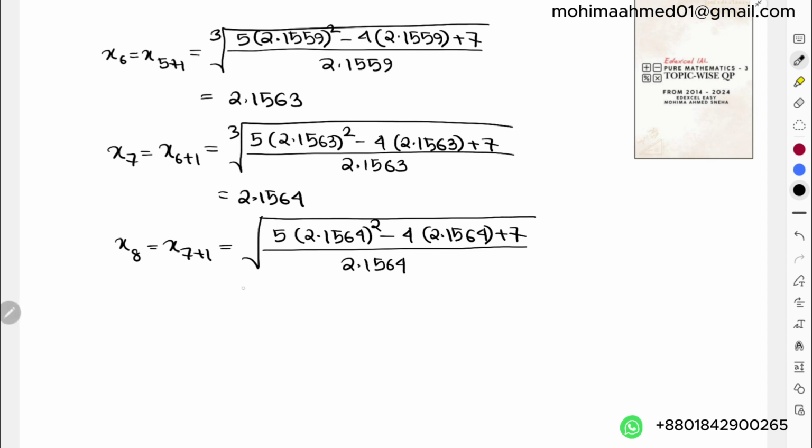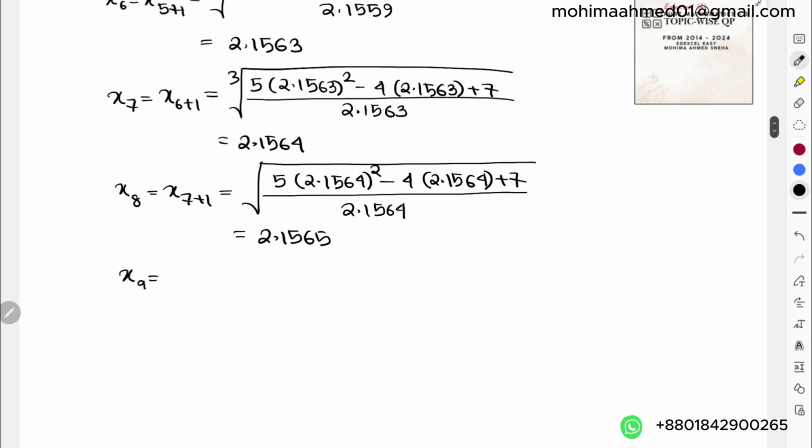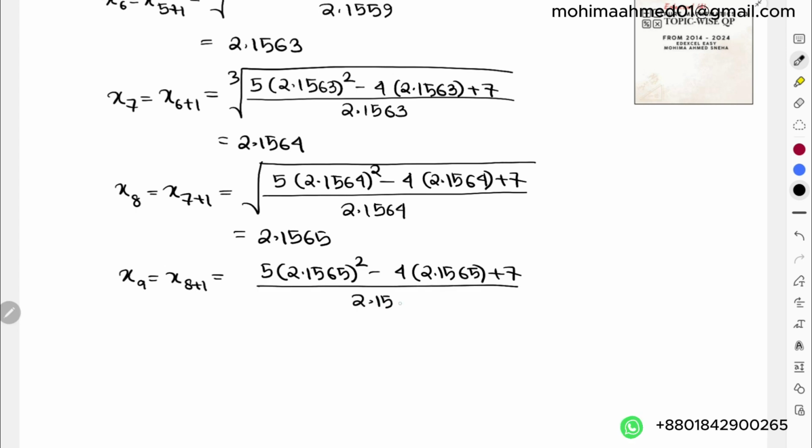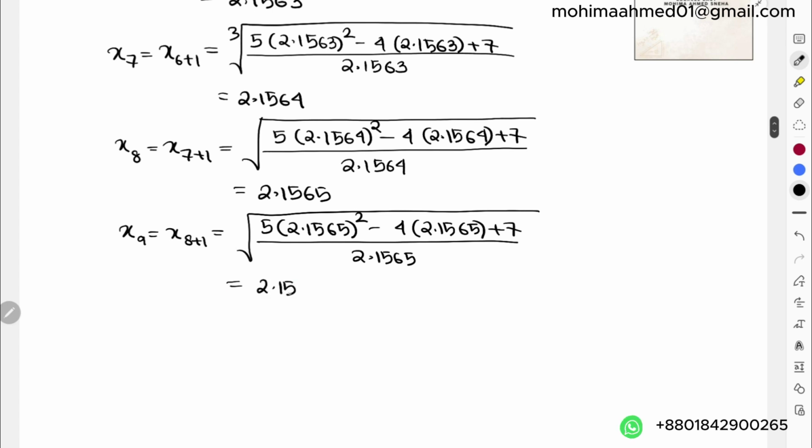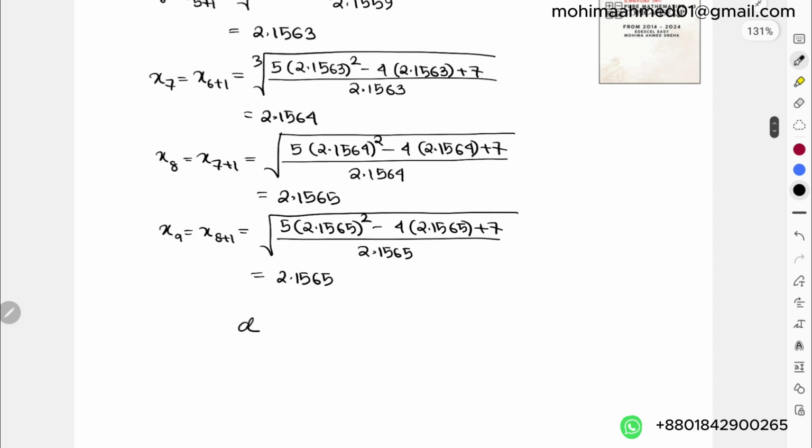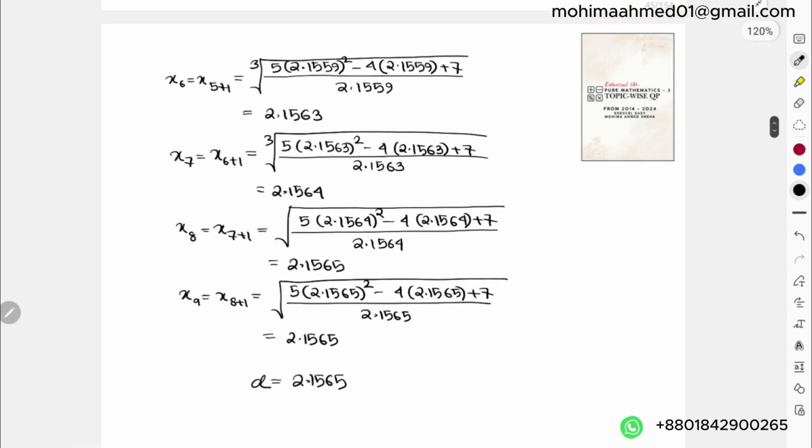You get your answer as 2.1565. And if you calculate this again, you're also going to get 2.1565. That means you got the repeated answer for x8 and x9. That means your alpha is 2.1565 to 4 decimal places, right?